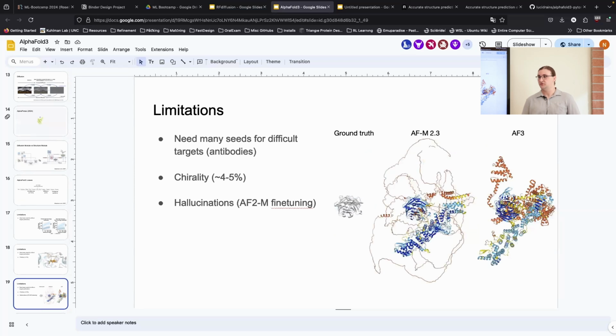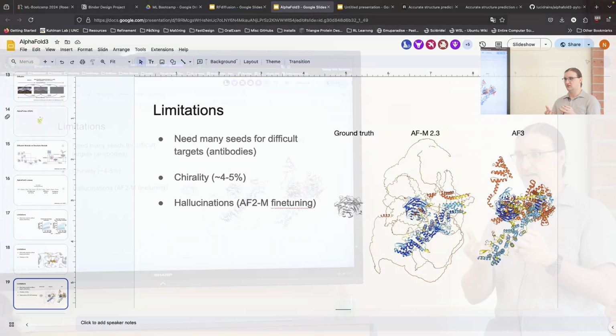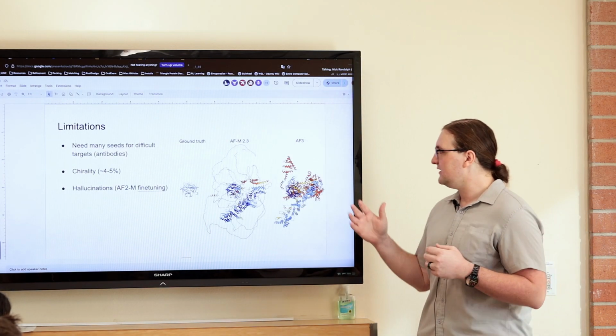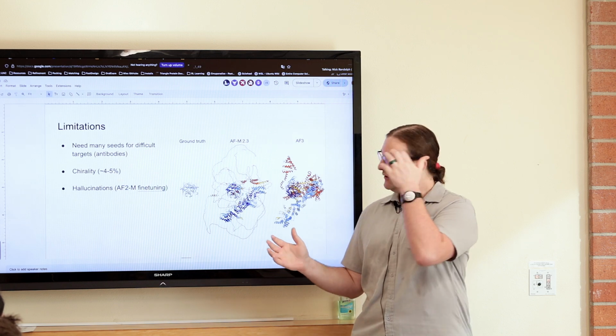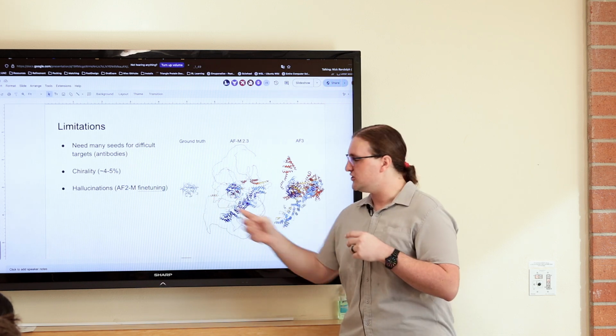It's also prone to hallucinations, which is just kind of a problem with diffusion models themselves, because they're trying to make something that looks very data-esque. For parts that it has no idea what to do, it'll still try to force it to look like a protein. This is an example of a nuclear pore protein where only this very small region is resolved.